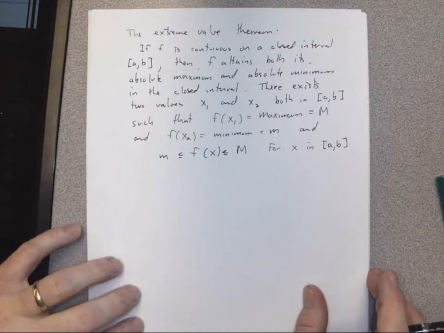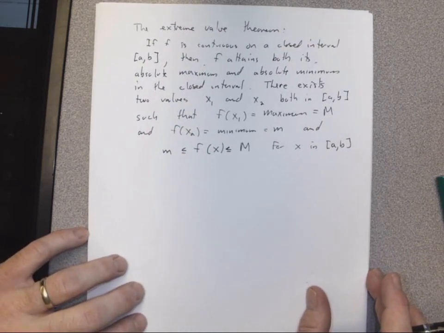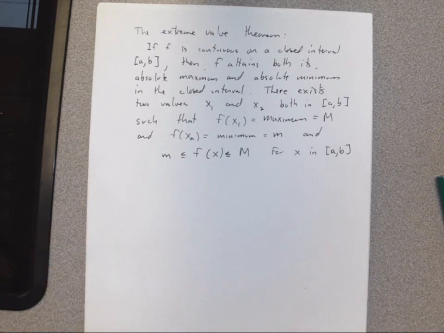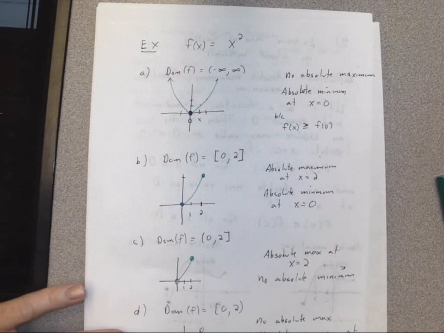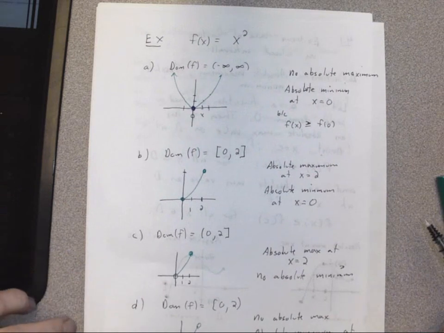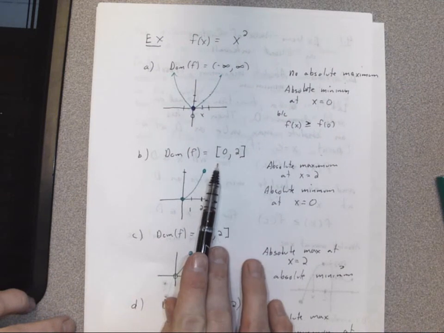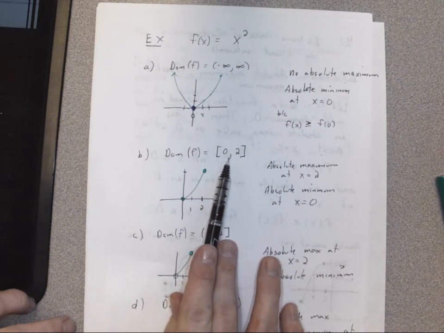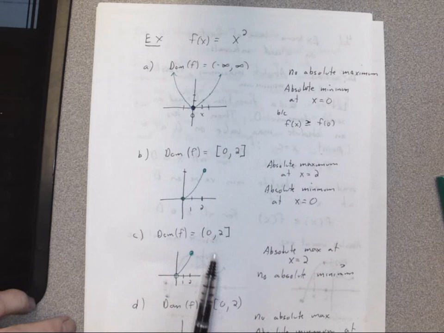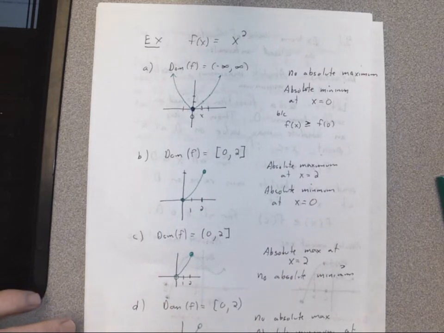Okay, so what this comes down to is the previous section, the previous example. Notice that the only time we had both an absolute max and an absolute min is when our interval was a closed interval from A to B. If it was open anywhere, at least one of them was excluded.